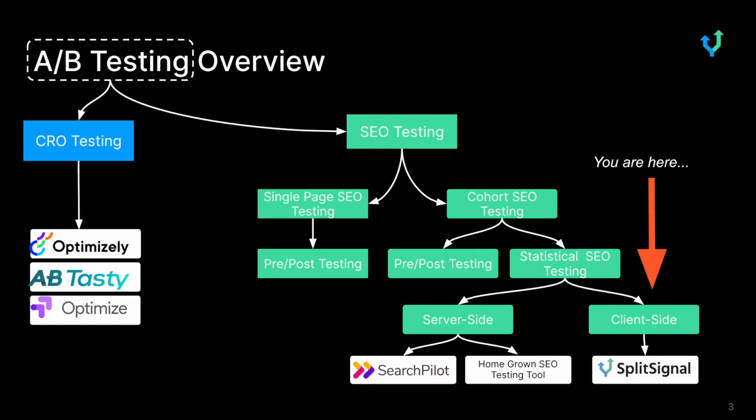So underneath cohort testing and statistical analysis, you can either use a server-side implementation or a client-side implementation. Today, we're going to be talking about cohort testing using statistical significance and client-side rendering. If you're hoping to learn more about that type of testing, you're in the right place.